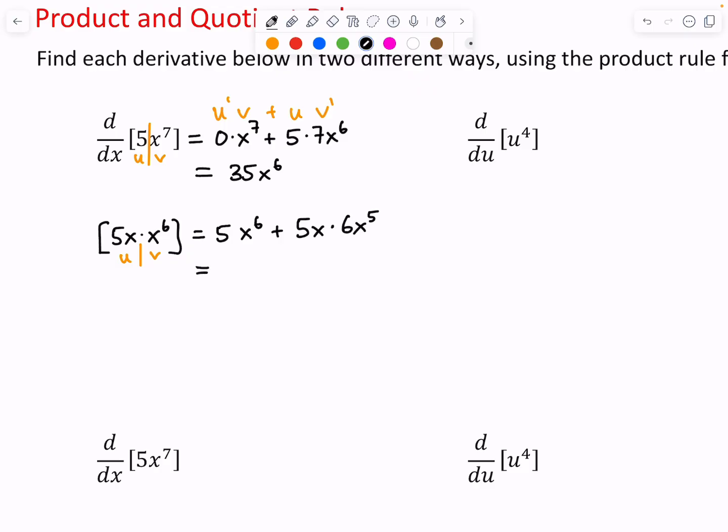So this gives us 5x to the 6th plus 30, and then the x times x to the 5th becomes x to the 6th as well. And you add these together because they are similar, and we get 35x to the 6th. Again, getting the same result.